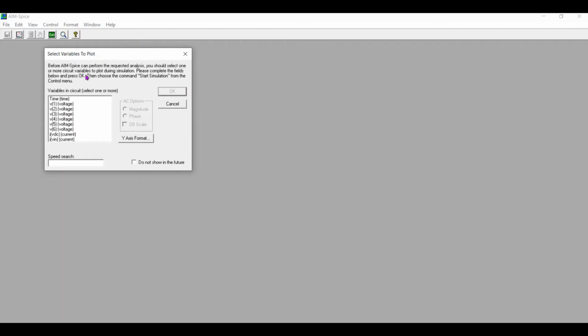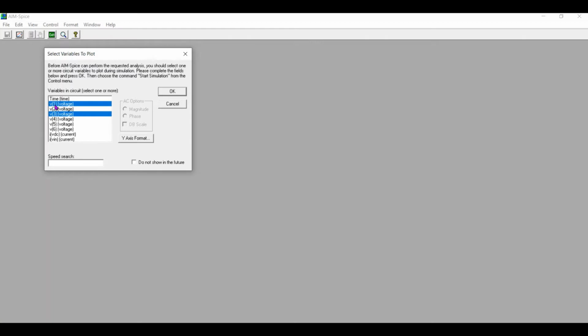In this window, basically the x-axis is the time axis, and V1, V2, V3, all the node voltages are available on the y-axis. But we need to select the voltage which we want to see with respect to time. So we want to see basically the input because we want to find the voltage gain.